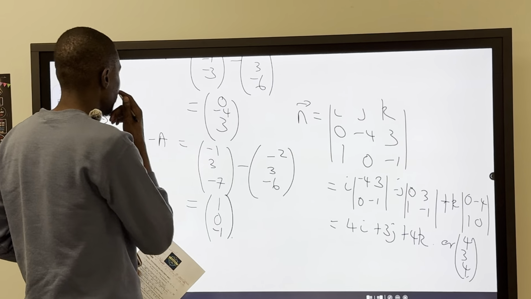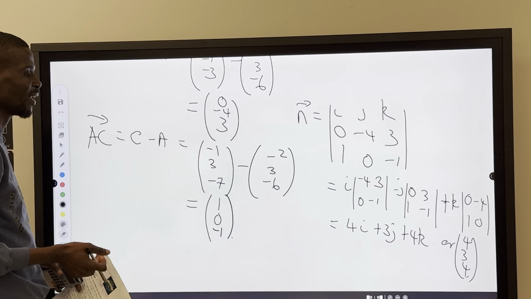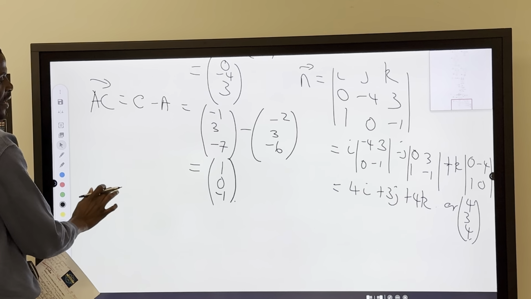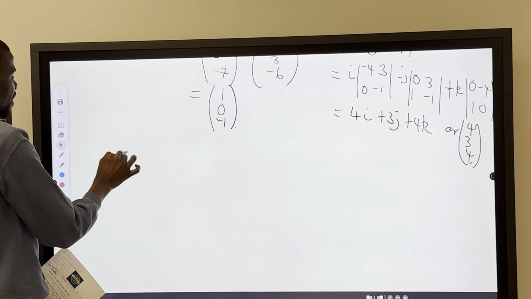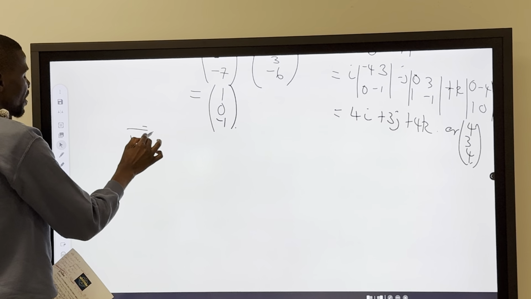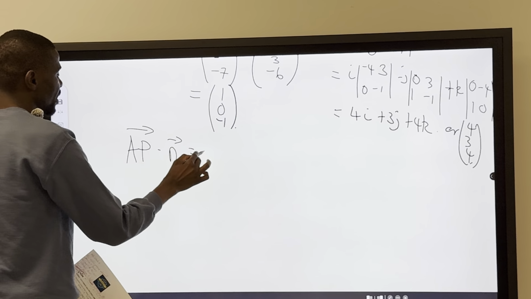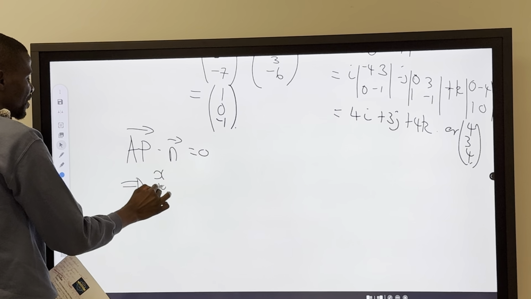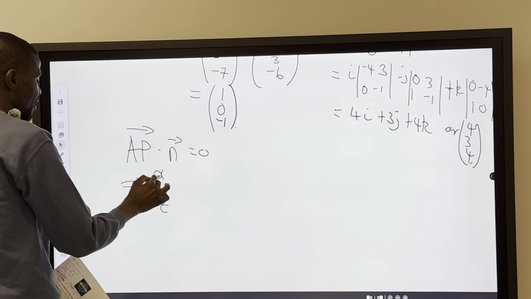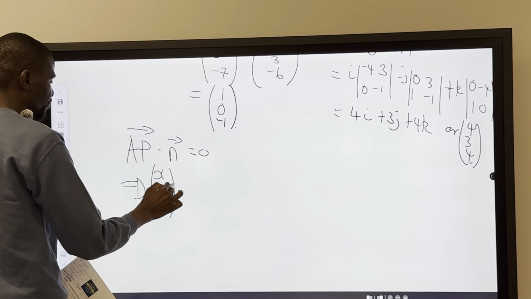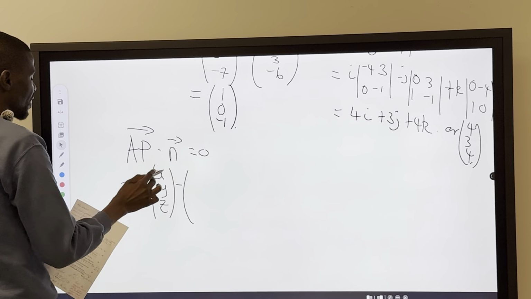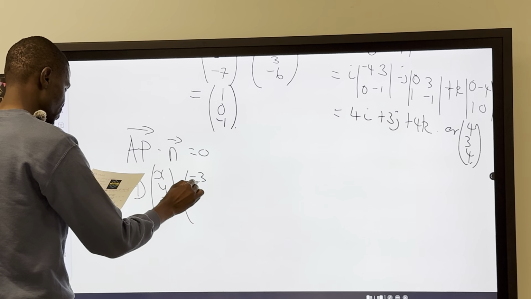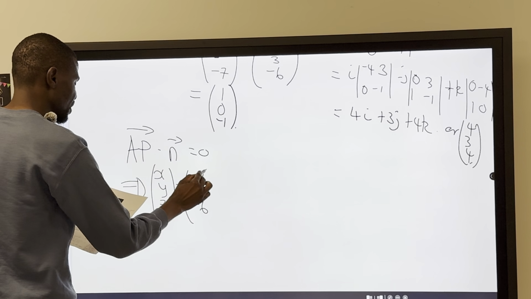So now that we have our common point A, let's find the equation. Vector AP dot normal should give 0. So this implies that AP is OP, which is generic, x, y, z, minus A, the specific point, where we have used -2, 3, -6.